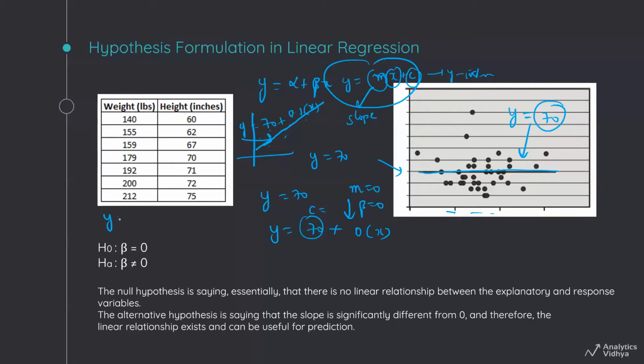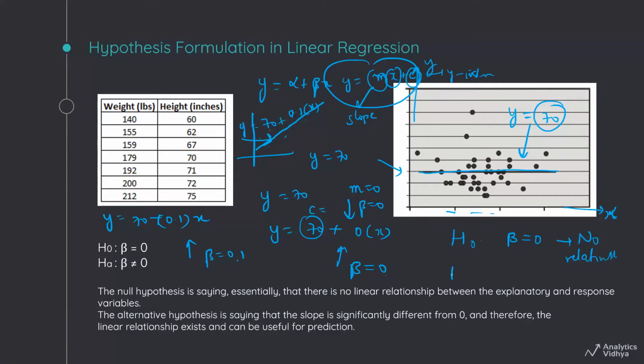This is my equation, y equals 70 plus 0.1 into x. In this case, your beta value is 0.1, and in the other case, your beta value is 0. When your beta value is 0, you are saying that there is absolutely no relationship between your x variable, your independent variable, and your dependent variable. So my null hypothesis in this case would be that my slope is 0, which means there is no relationship.